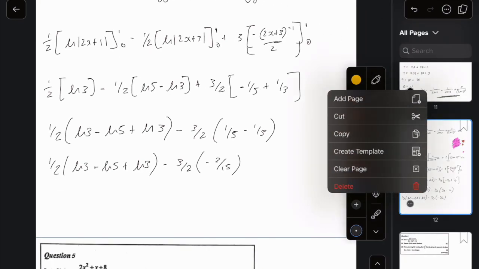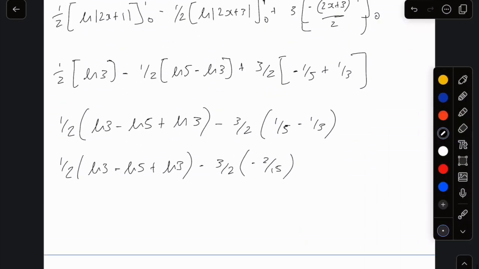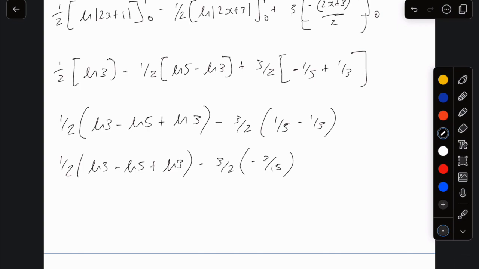And let me get another page here. Okay. Then from here, well, what we've got then is 2 ln 3 minus ln 5. And negative 3 over 2 times negative 2 over 15. Well, that is 6 over 30, which is going to give me a fifth.